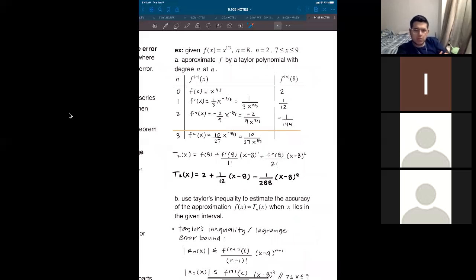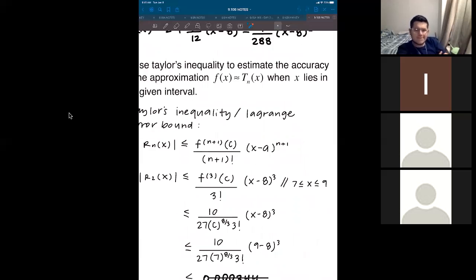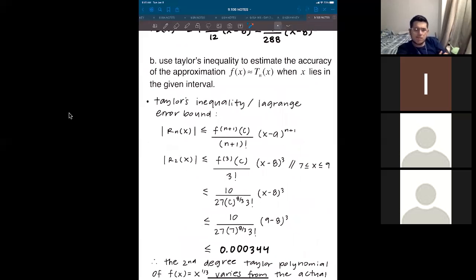Part B says use Taylor's inequality to estimate the accuracy of using this 2nd degree Taylor polynomial versus the actual function. So that's where we're using Taylor's inequality, the Lagrange error bound. Because it was a 2nd degree Taylor polynomial, we do 3, 3, and 3. So again, it's the next number.